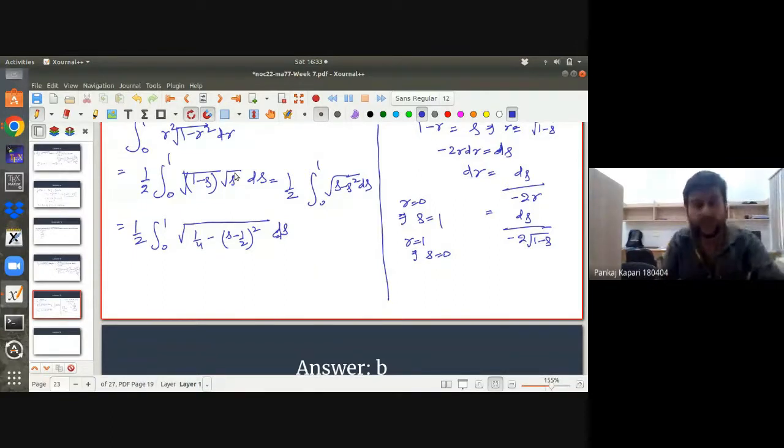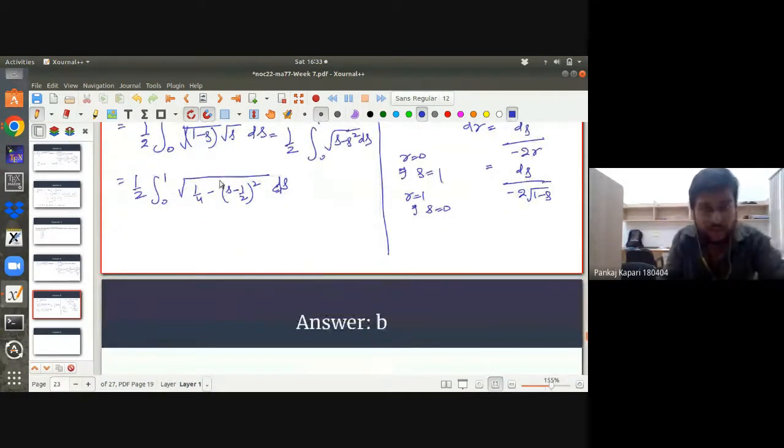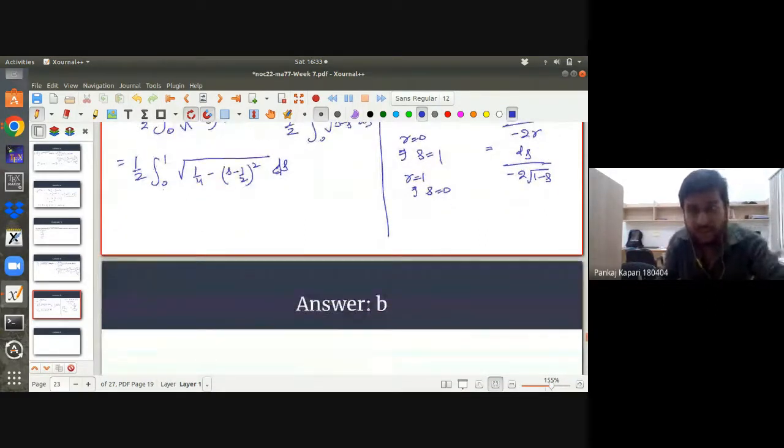Okay, let's apply another substitution because now you can see that you can just apply the standard integral. So what is that standard integral?